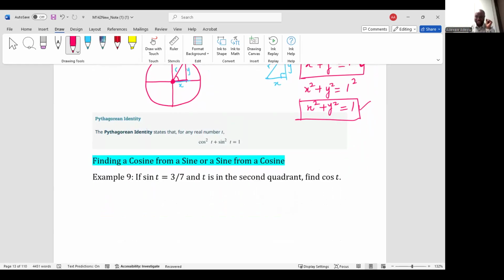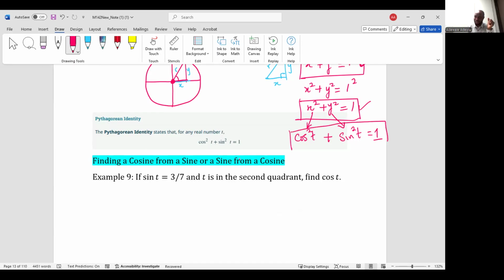Now, we know that this x is cosine of t, and this y is sine of t. We can put a square here because it is x squared, so that is cosine of t squared and sine of t squared. Then our claim is that if we add them together, it should be 1.